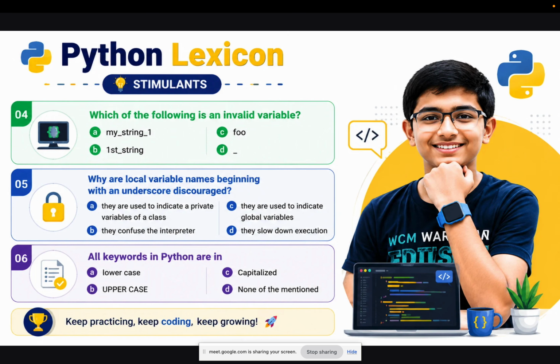Now you tell me, which of the following is an invalid variable? The first one, second one, third one or fourth one? B, first thing. Option B, or A, or C, or D? B. All are sure, right? B is the correct answer, because a variable cannot start with a number.